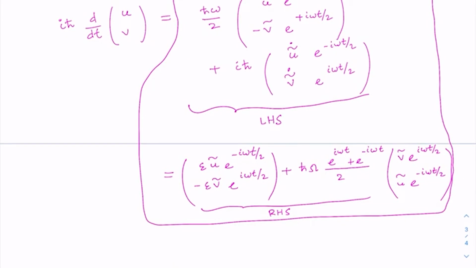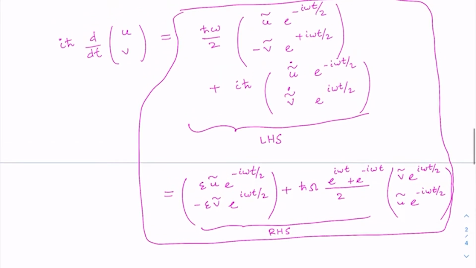If you compare, only the terms having the coefficient e to the power minus I omega t by 2 on both sides, or e to the power plus I omega t by 2 in the column vector in the lower term, would become resonant. They would become prominent because they are resonant.